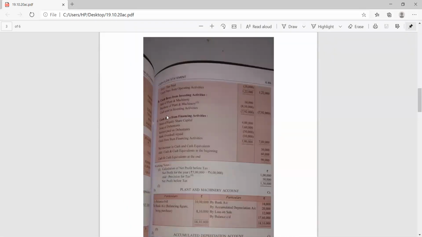Let's come to the working note, and you will come to know the net profit before tax is to be calculated. See, the net profit for the year, 5 lakh and 4 lakh, are given to you. You have to take the difference of that, that is 1 lakh. Add provision for tax, whatever the provision for tax is given to you, that is to be added over here. And then net profit before tax you will get, that is 1,50,000.